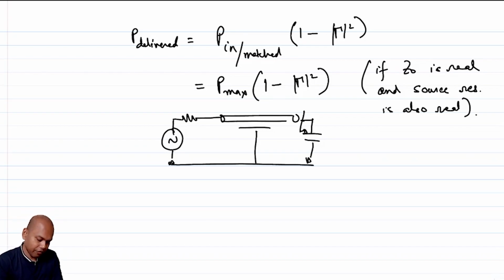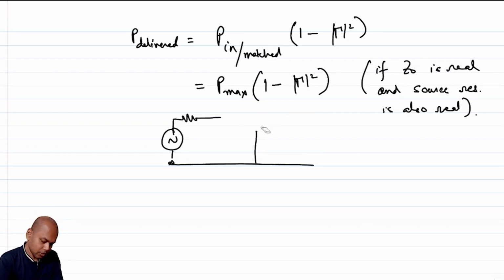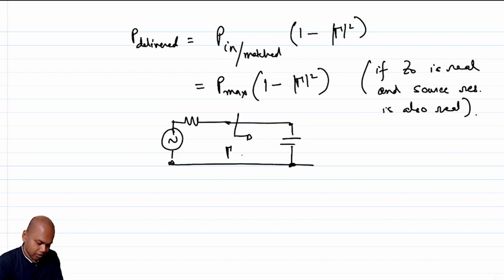gamma L. So if I find out the reflection coefficient at this node, let me just make it simple and get rid of the transmission line in totality. Let's say I have a capacitor here. So what is gamma here?